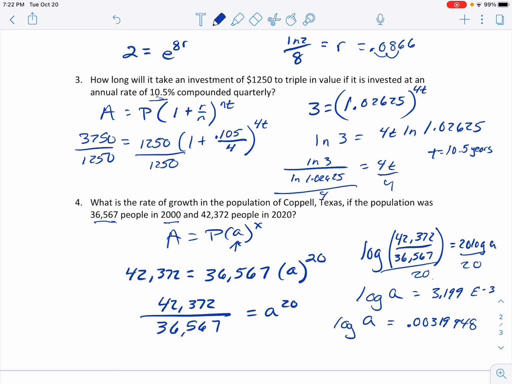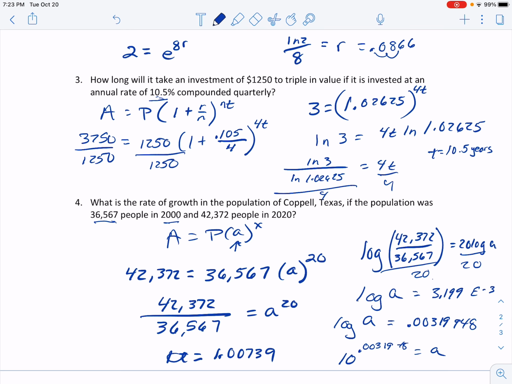Well, if I change forms, it's 10 raised to the 0.0031998 equals a. So since it's still in my calculator, I'm just going to do shift log, shift answer, and it tells me a is equal to 1.00739.